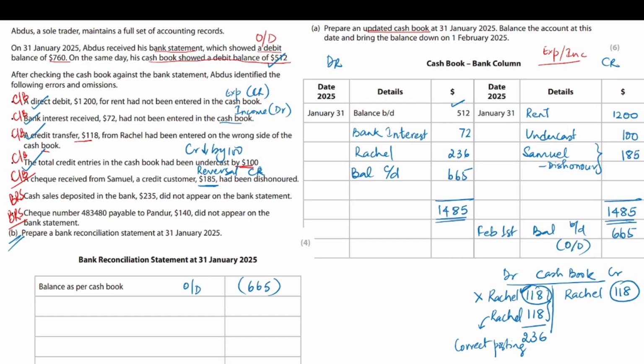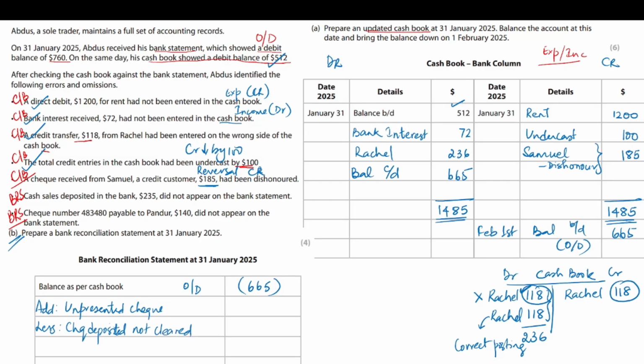And then we would add, as the format goes, add unpresented check. And then we less check deposited, not cleared.